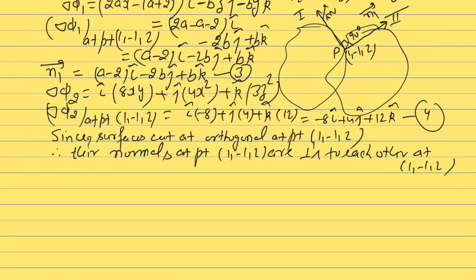If surfaces intersect at 90 degrees, their normals will automatically intersect at 90 degrees, meaning the angle theta between them is 90 degrees.